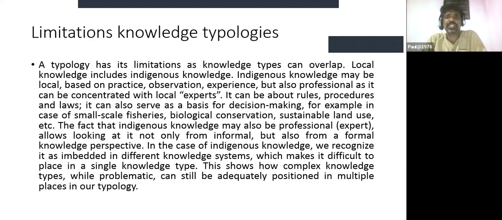Indigenous knowledge may be local, based on practice, observation, experience, but also professional, as it can be concentrated with the local experts. It can be about rules, procedures, and laws. It can also serve as a basis for decision making. For example, in the case of small scale fisheries, biological conservation.